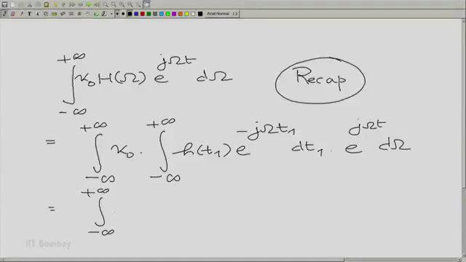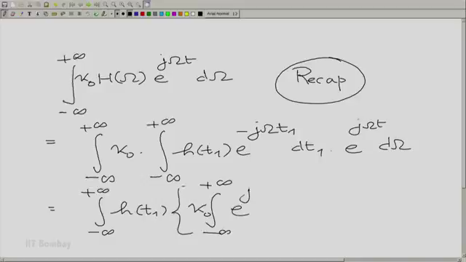We said you could keep h(t1) outside and then take the omega integral inside, and kappa 0 being a constant we could keep that outside, and then look at the integral of e raised to the power j omega (t minus t1) d omega, and this is then integrated with respect to t1.